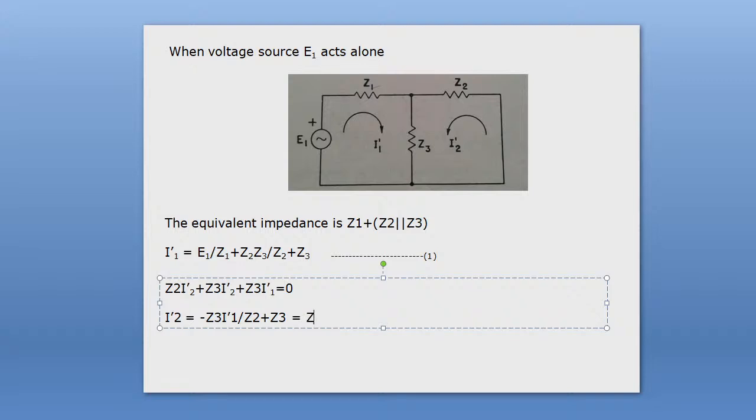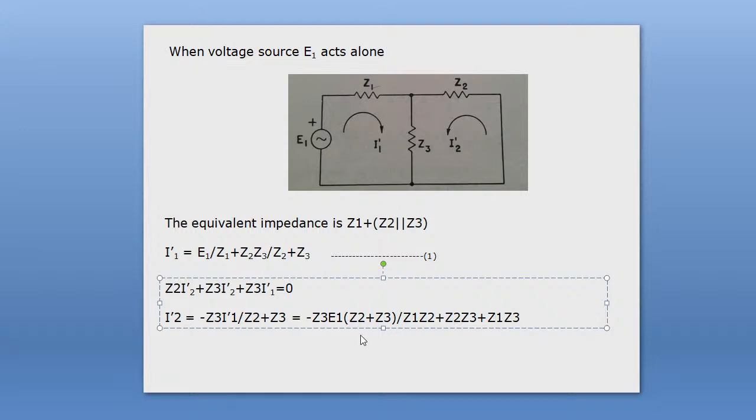So we can write minus Z3 into E1 into Z2 plus Z3 divided by Z1 Z2 plus Z2 Z3 plus Z1 Z3.